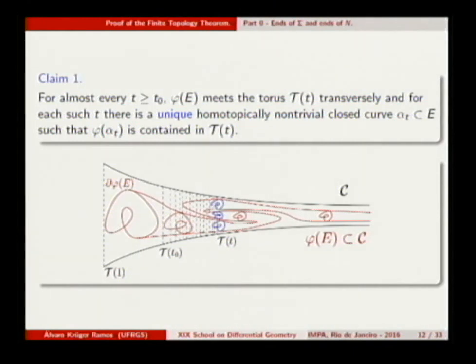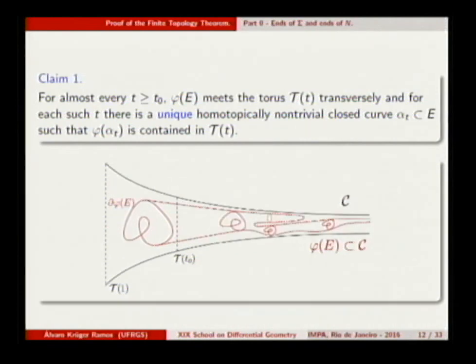These tori come from horospheres in H3, so they have mean curvature constant 1 pointing upwards in H3, and that means pointing into the cusp end in our setting. So you just find the last contact point between this compact part and this torus. This mean curvature is 1 pointing in, but this is strictly less than 1, so this is a contradiction, it cannot happen. This shows that the curves are unique.